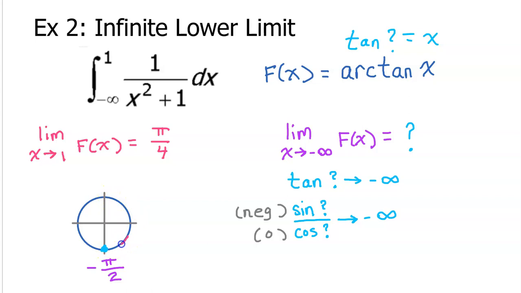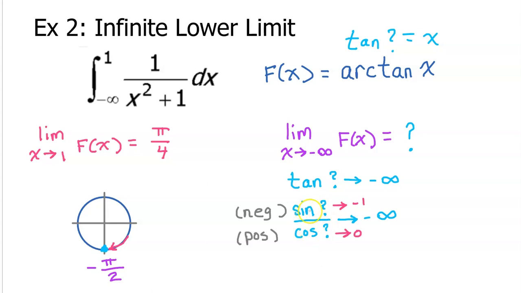As we approach negative pi over 2, cosine is getting closer and closer to 0, while the sine function is approaching negative 1. As the denominator gets smaller and smaller, the magnitude of this fraction gets bigger and bigger. But are we approaching positive infinity or negative infinity, which is what we actually want?